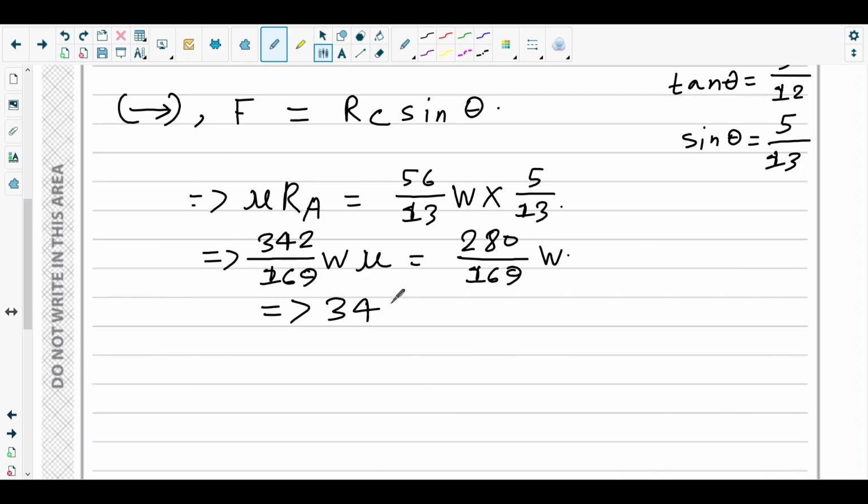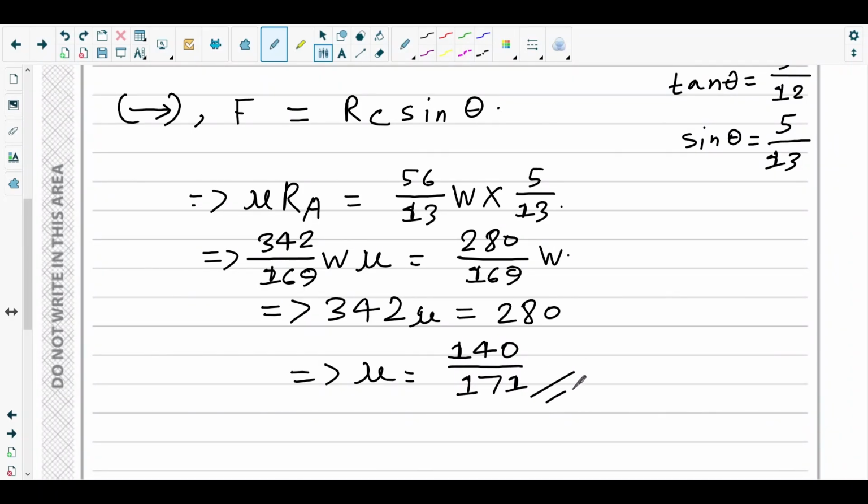So you will get 342 mu equals 280. So the value for mu is 280/342. That is basically 140/171.